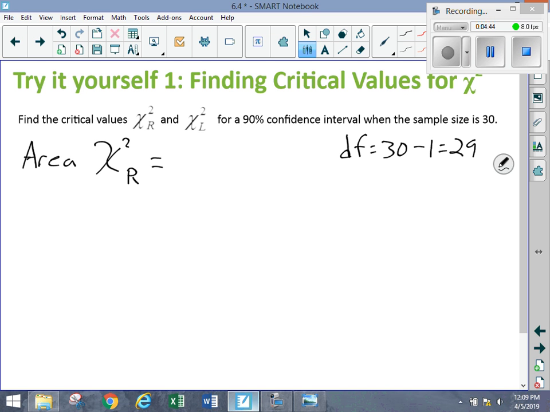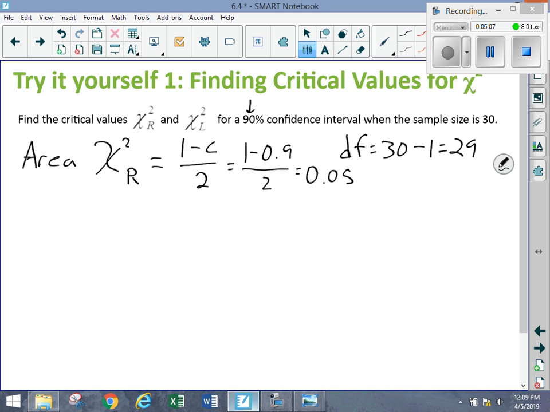Then I'm going to go 1 minus c divided by 2. That's 1 minus 0.9, our confidence level, divided by 2, which turns out to be 0.05.